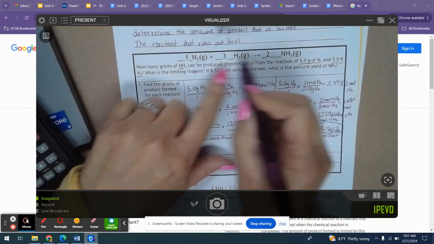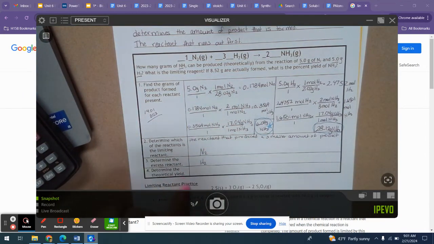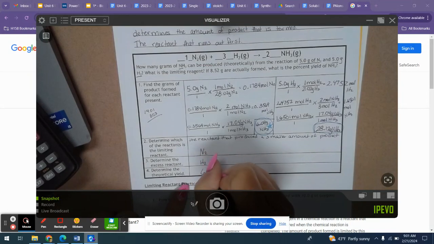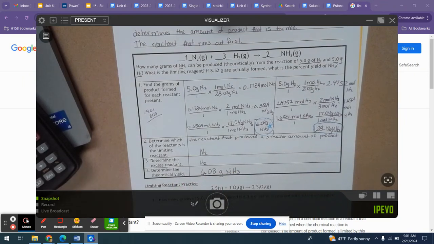If N2 is limiting, then H2 is the one that is in excess. And then the theoretical yield, you've already calculated. The theoretical yield is 6.08 grams of NH3. That's the amount that should be formed if all of our nitrogen is used up.